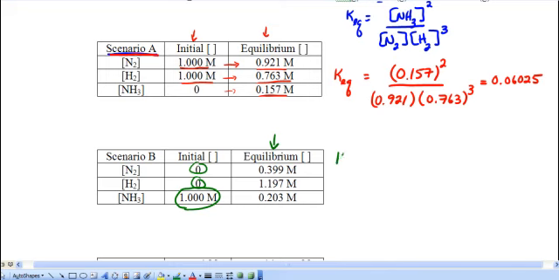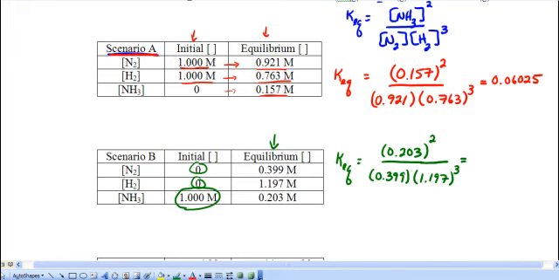So let's go ahead and solve for KEQ in this case. KEQ is going to equal, well, the ammonia is 0.203 molar. That will be squared. The nitrogen concentration is 0.399 molar. That's raised to the first power. And the hydrogen is 1.197 molar, and that's going to be cubed.